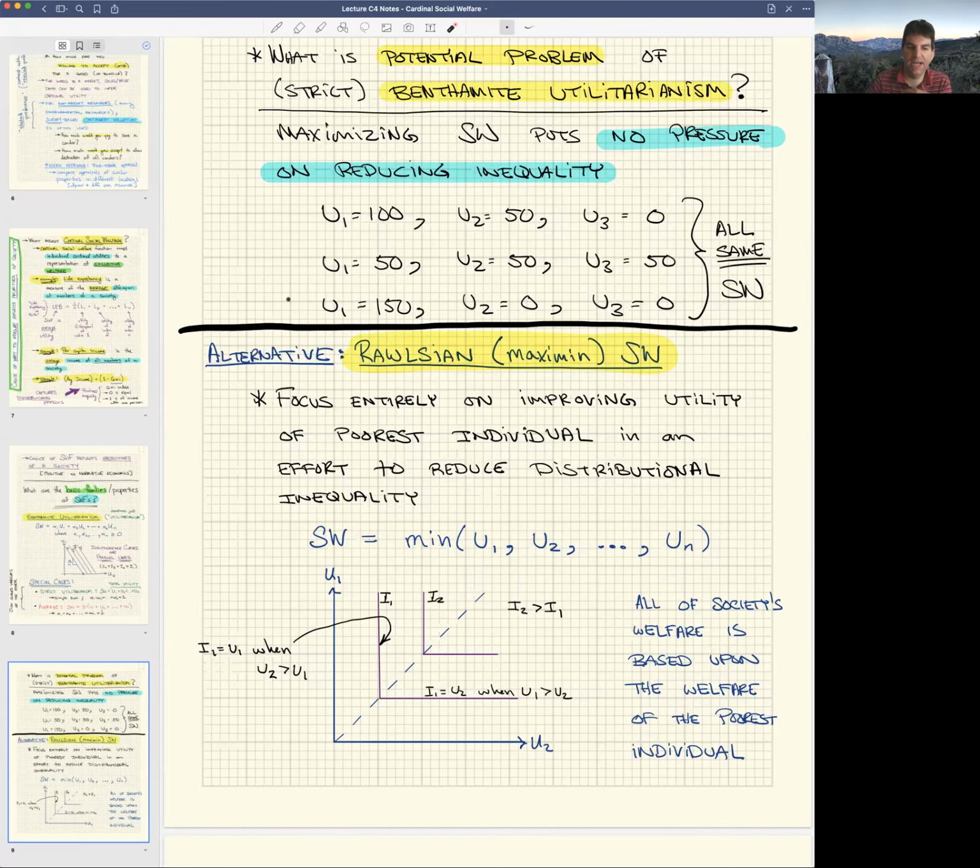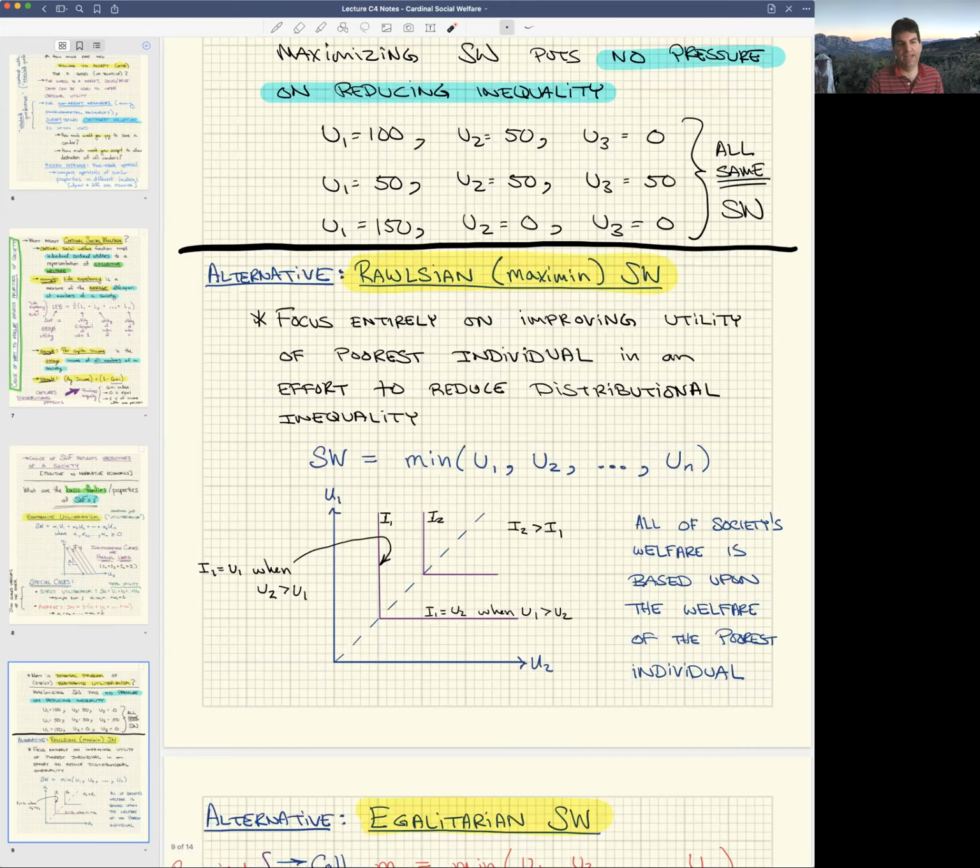So if we care about distributional effects, so we care about the distribution of utility, this maybe isn't the right utility function to use. Functions like life expectancy and per capita income do not care about distributional effects because they're Benthamite. And because they're Benthamite, if we care about distribution, we need something more sophisticated.